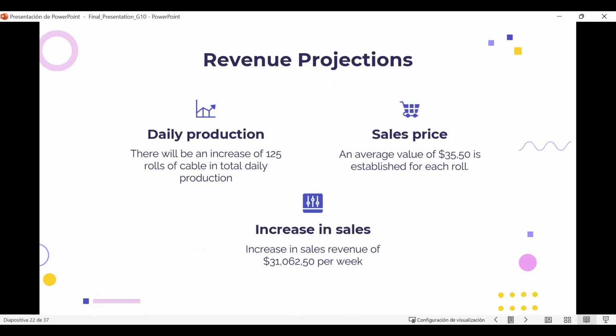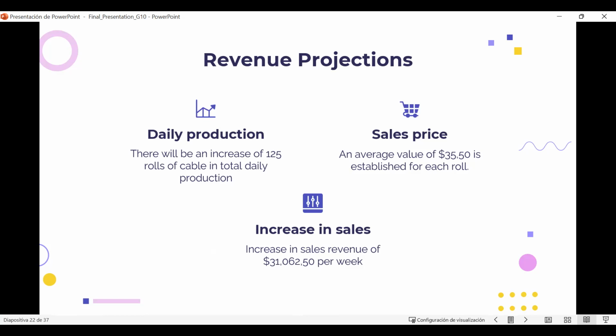About revenue projections, for the implementation of the project, an investment of approximately $28,000 is required. However, this will generate a better performance in daily production, achieving an extra 1,125 rolls per day compared to the current production, which generates weekly income of approximately $31,062.50.